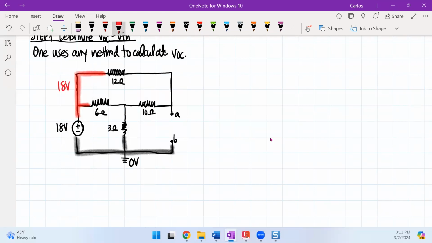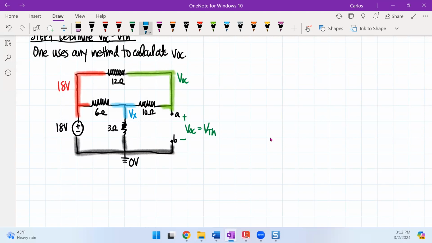So I really have two nodes. I have this node and I have this other node right here. But we want the open here. So this right here is what we call VOC, which is the same as VTH. So this node becomes VOC, and for lack of a better name, I'm going to call this VX.